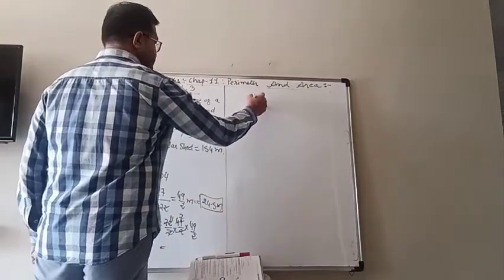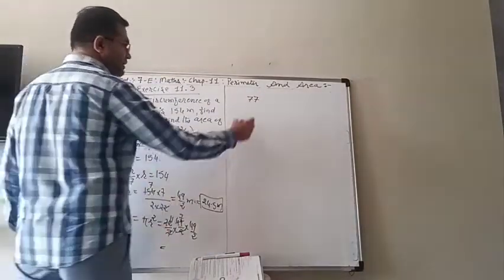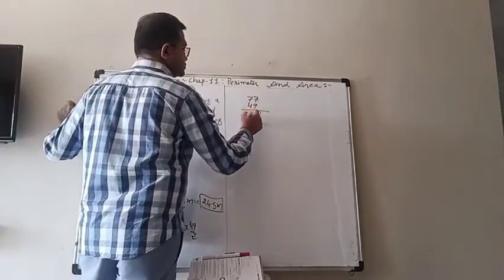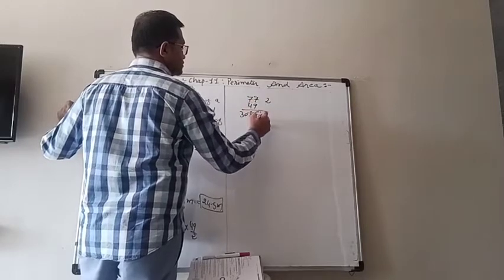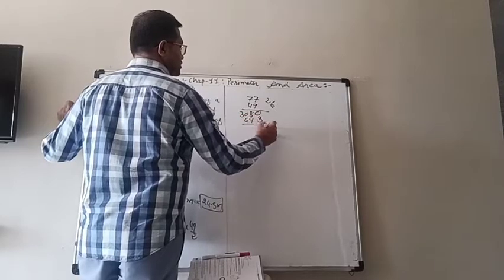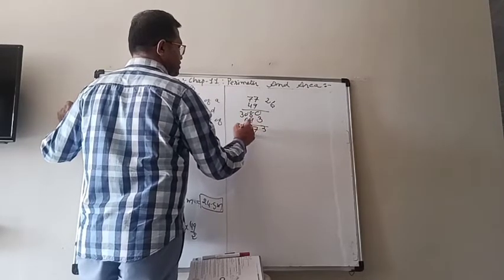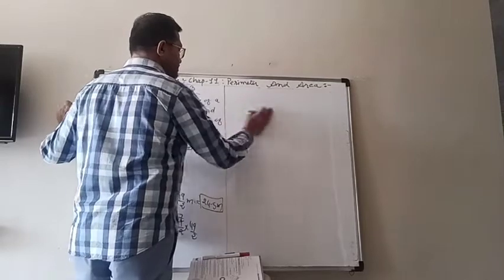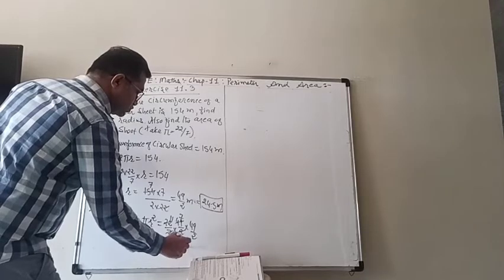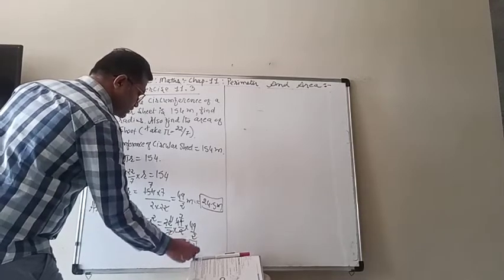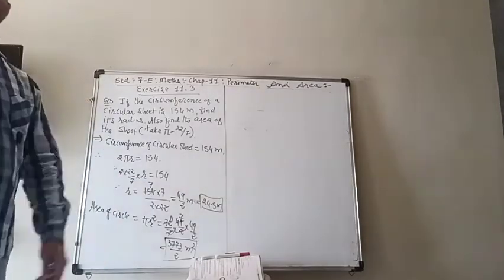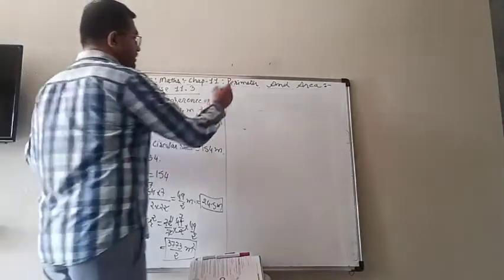So 11 sevens are 77 multiplied by 49, that is 3773 divided by 2 meter square. At the back the answer may be in decimal, but if you find this one it is not wrong. So that is the final answer of it.